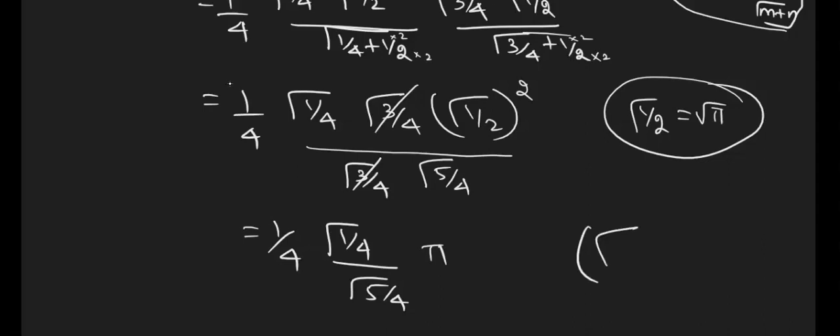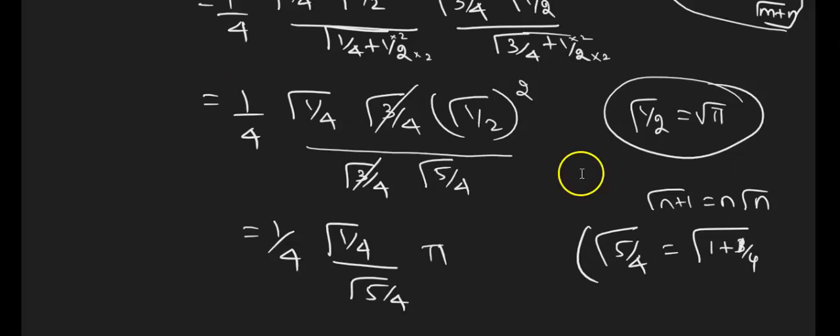So what can I do with 5 by 4? You can write 1 plus 3 by 4. Correct? Gamma of n plus 1 is equal to n into gamma of n. We know this formula. Sorry, this is not 1 plus 3 by 4. Yes, it is 1 plus 1 by 4. So gamma of n plus 1 is n into gamma of n.